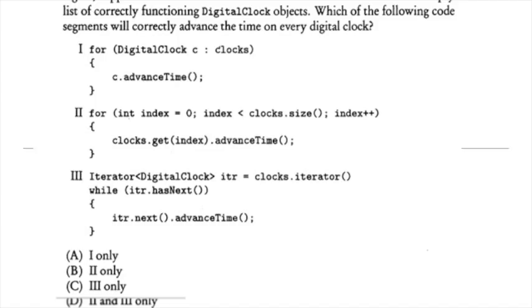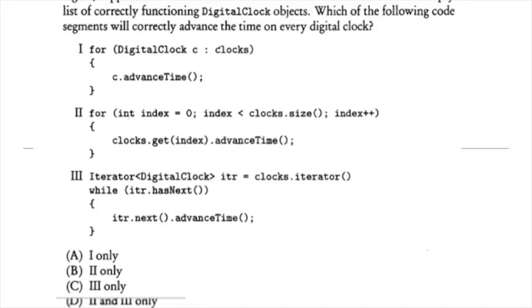Note right now, since there's no remove, we are sure that every element inside of the clocks will be scanned, and the advanceTime method will be called. So the second one is maybe a little bit longer, but still a correct implementation.